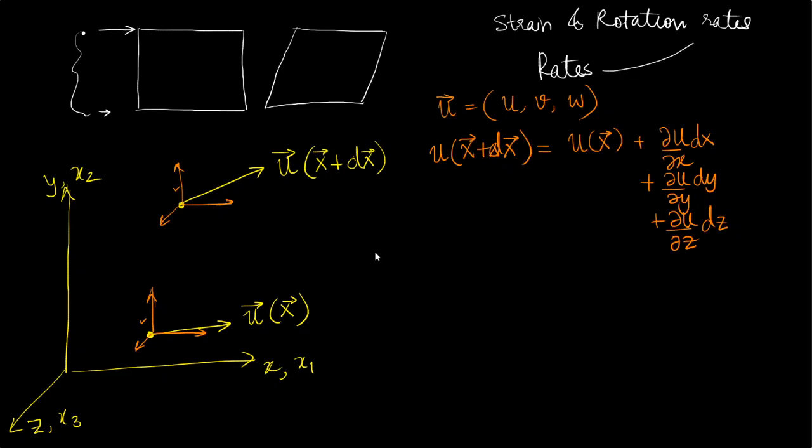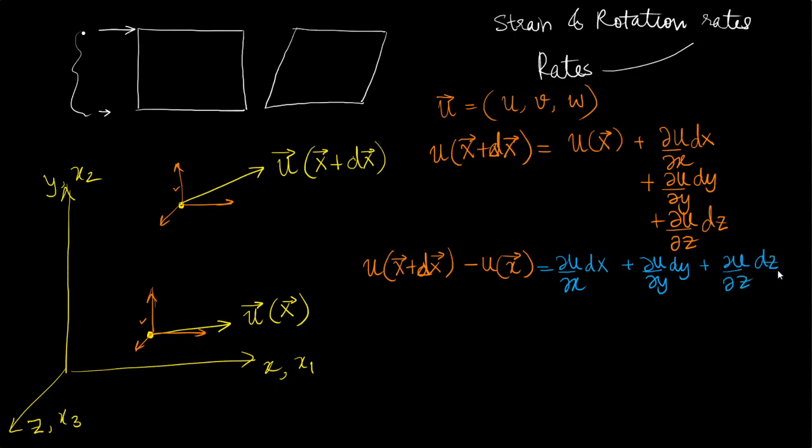And therefore, we can write the u component of velocity at x plus dx minus u at x to be equal to del u del x dx plus del u del y dy plus del u del z dz.